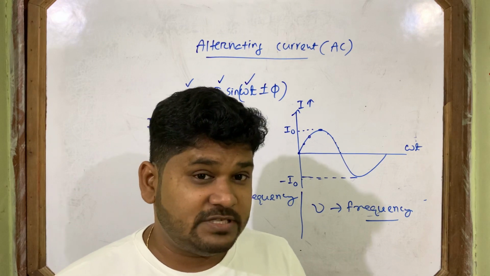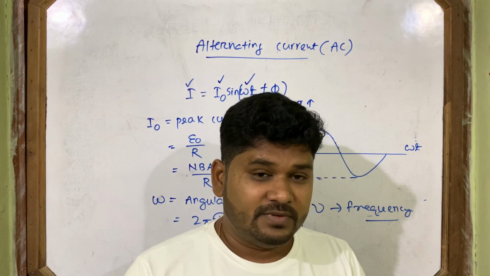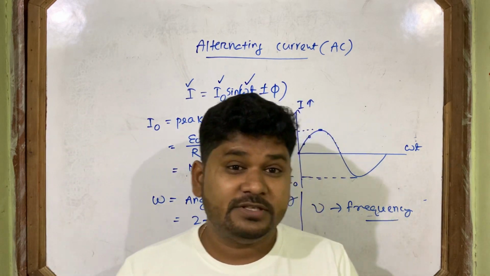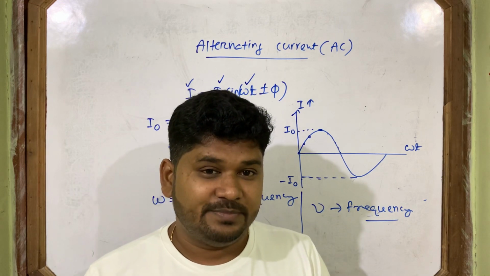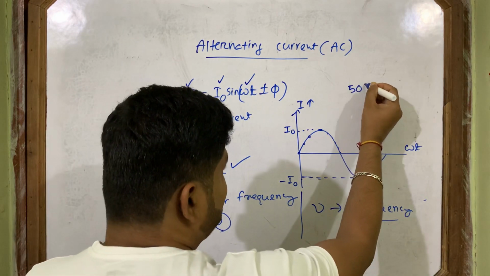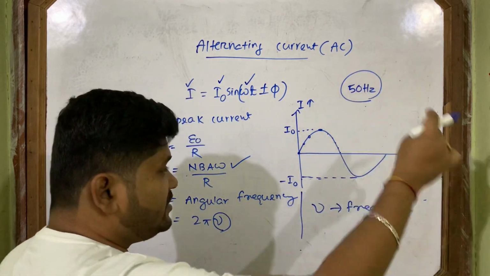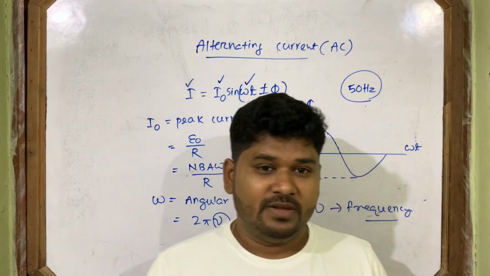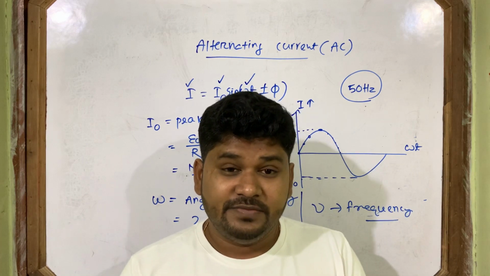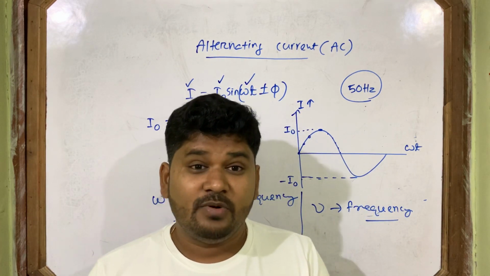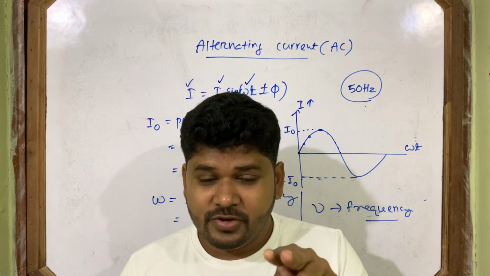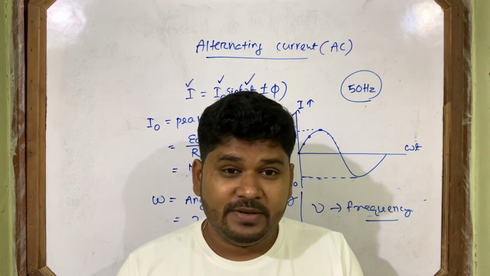The current which is supplied to our house, that is of how much frequency? If it is alternating current, it must have some frequency value. That is of how much frequency? 50 hertz. The frequency is 50 hertz. 50 hertz frequency alternating current is supplied to our house. You will see on any devices you are using, even your mobile charger, on the input side, what you use in your plug pin, you will read what is written on the charger.